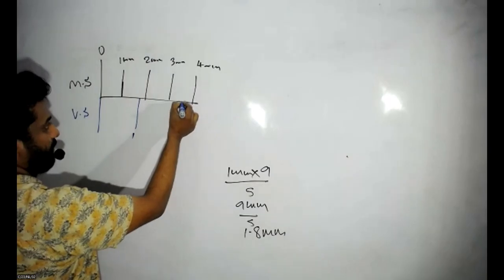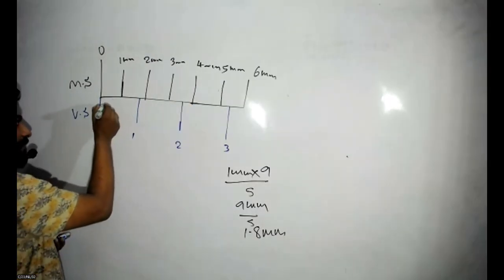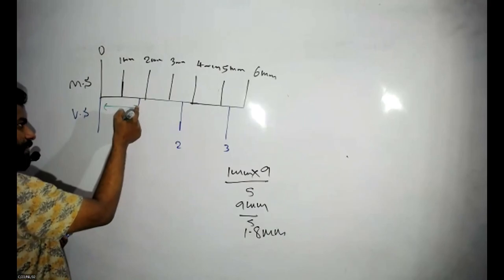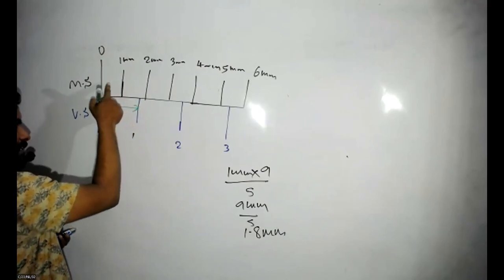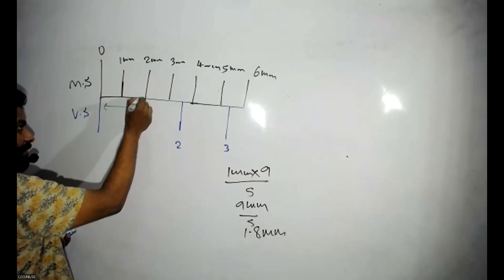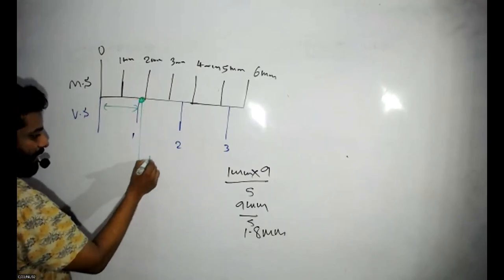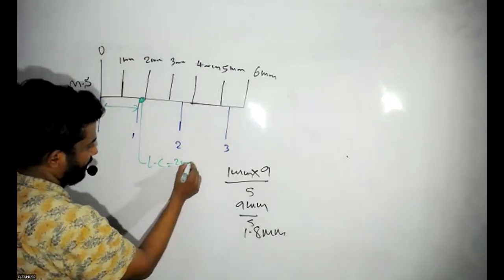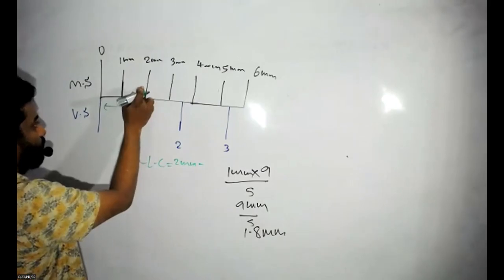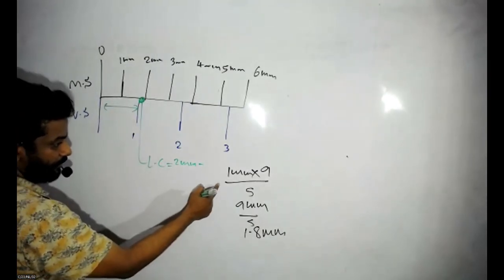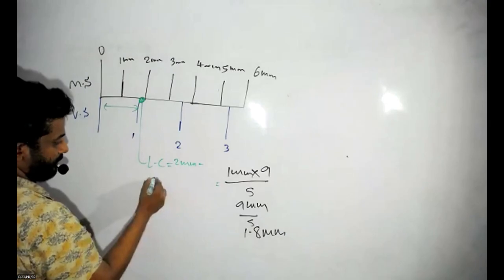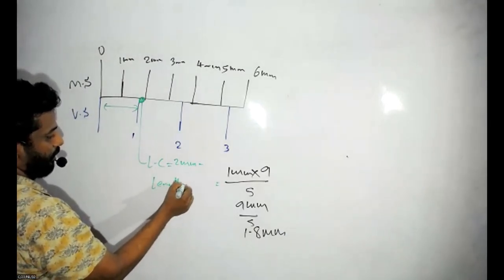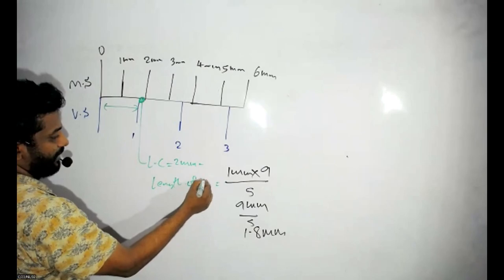This is the second vernier division. The gap between this vernier division and the adjacent main scale division is called the least count of the scale. This least count is equal to 2 millimeter minus this length. This is the length of a vernier unit.